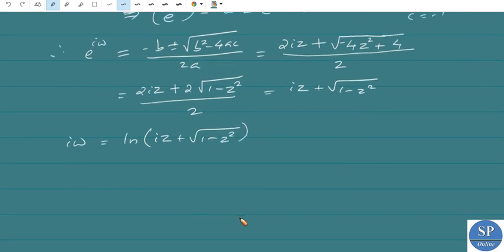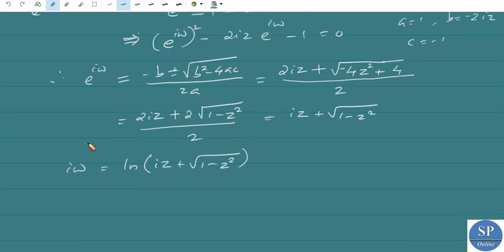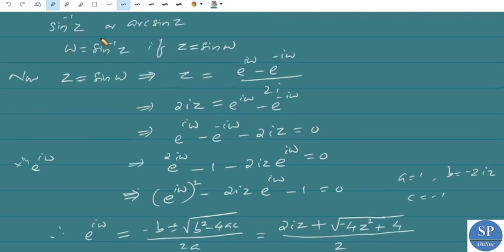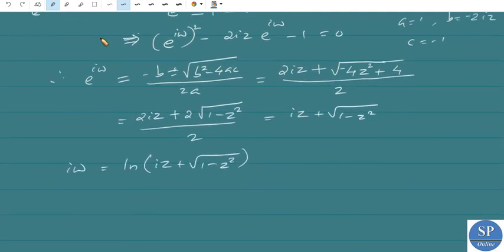Okay, so we have to find the value of w, because w is sine inverse of z. So w is equal to 1 by i into ln of iz plus square root of 1 minus z square.